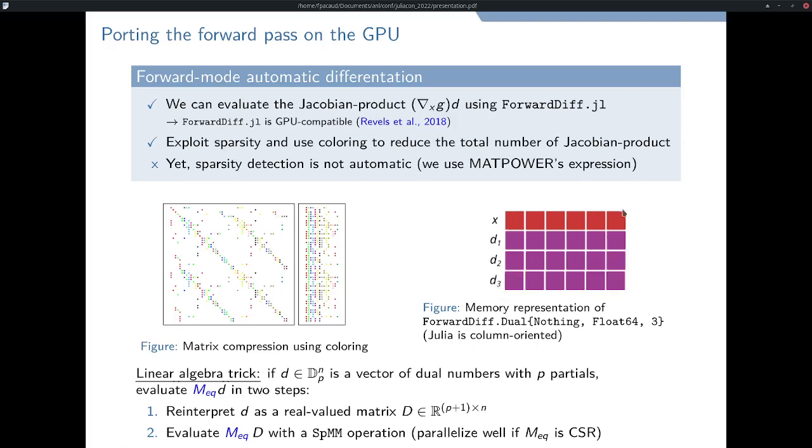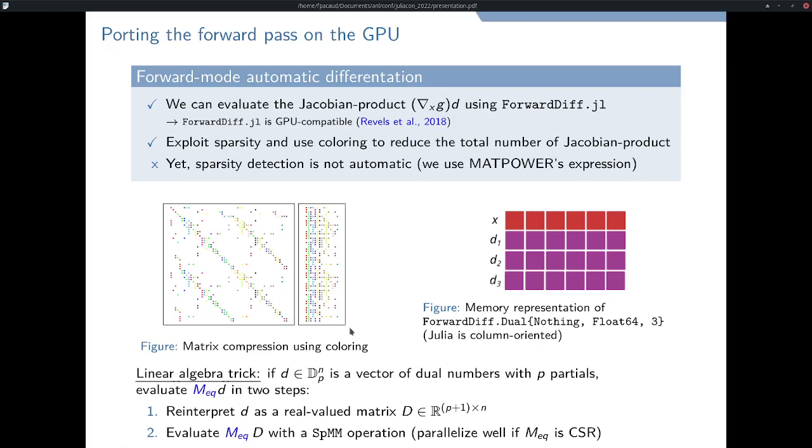The following block denotes the memory layout of one dual number in Julia. So usually, as the Jacobian is very sparse, we get a very small number of colors in our model. That means we can compress by a lot the total number of Jacobian vector products we need to evaluate the full Jacobian in sparse format.